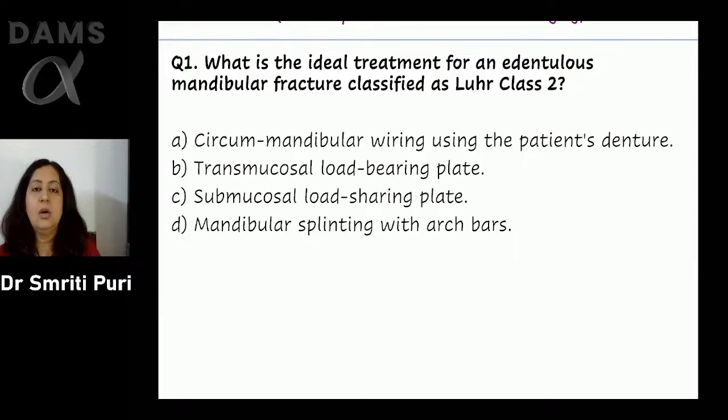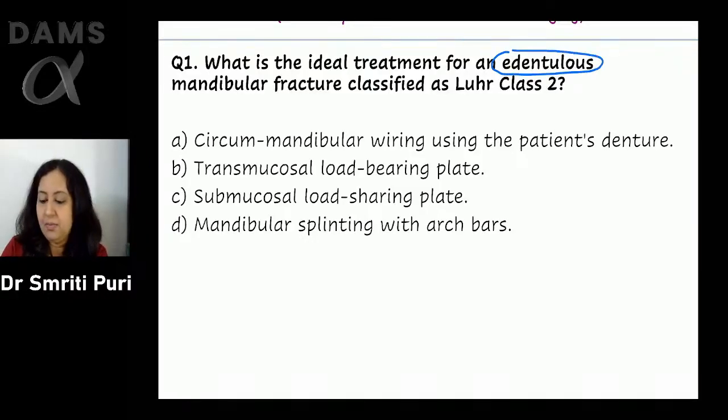Now, whenever you get such a question that you have not heard anything about, there is still some information in the question that you know. It says treatment of an edentulous mandibular fracture classified as Lure 2.